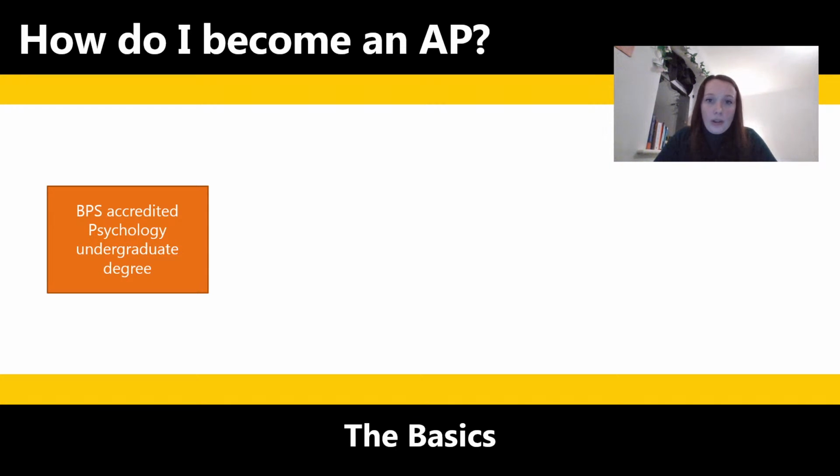That is what you'll need, because that's a requirement to get onto the doctorate as well. It needs to be BPS accredited because that gives you Graduate Basis for Chartership, or GBC. That gives you the entitlement to register with the BPS as a graduate psychologist, which is why you need to have that.